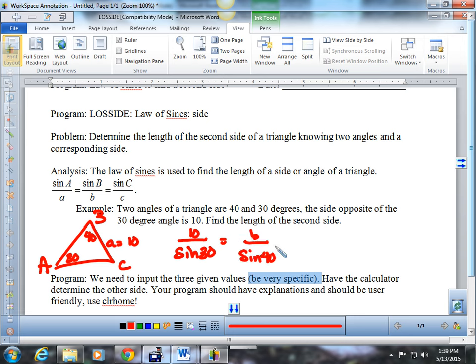So tell me what b would be equal to. 10 sine 40 divided by the sine of 30, which is pretty easy, because what is the sine of 30? So we're not going to divide by 1/2. We're going to do what? Well, 10 times 2 is 20. So all you need to do is 20 sine 40. And let's provide a full value, because that's what your calculator is going to get out of your program, a full value.